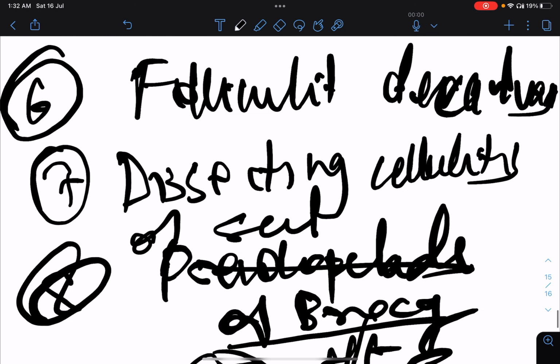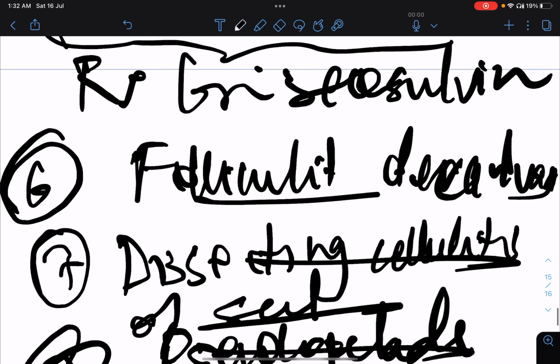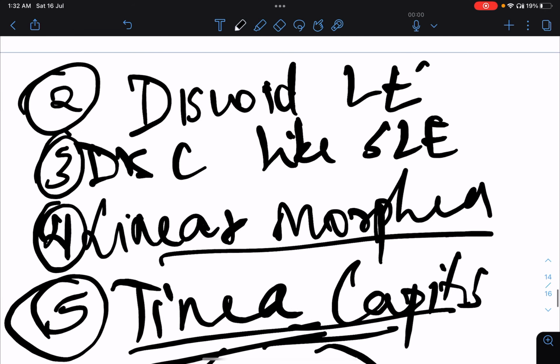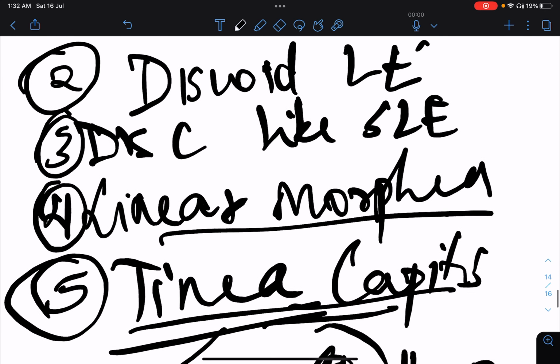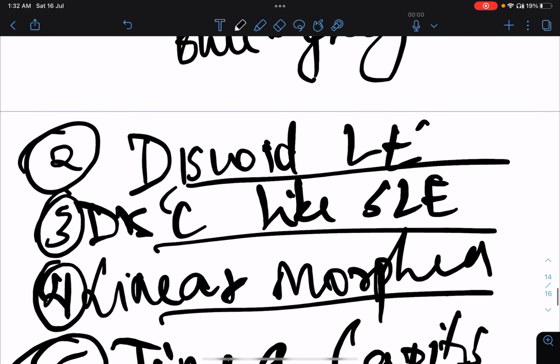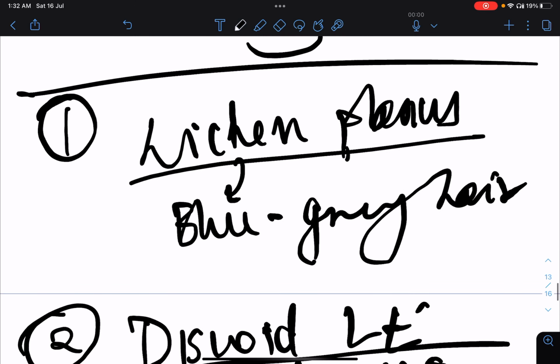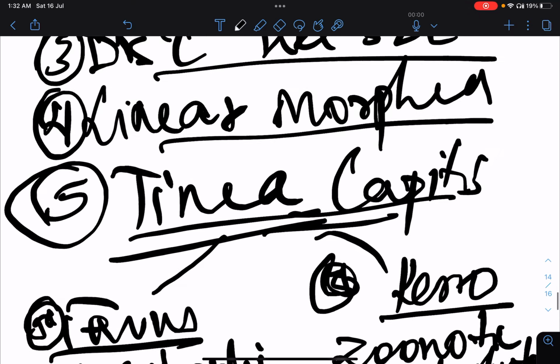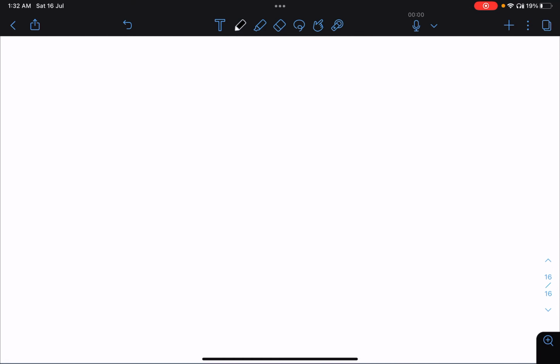So pseudopelade of Brocq, dissecting cellulitis of scalp, folliculitis decalvans, tinea, linear morphea, which is basically thickening of the skin, discoid lupus erythematosus, and lichen planus, all of these are scarring alopecia. That's about it. Thank you.